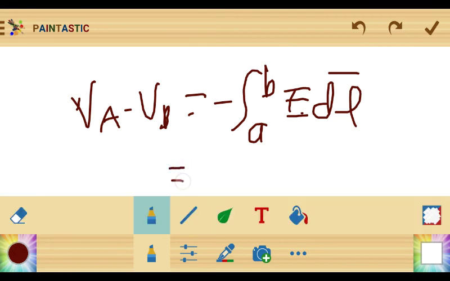What is dl here? Remember, it is the distance, the radius difference between the two cylinders. So let's say the distance is dr, so I can simply write dl as dr.